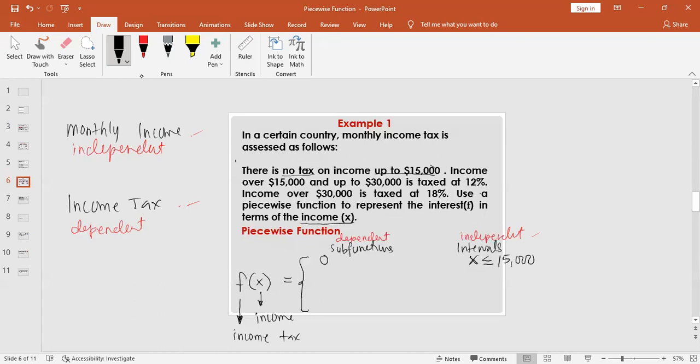So we can write that in mathematical sentence as x is less than or equal to $15,000. Okay? So, naging less than or equal to $15,000 kasi nga up to 15,000. So, hindi pwedeng lumampas pa sa 15,000. Pero pwedeng sumakto sa 15,000. That's why we have equal sign here. So, we already have the right endpoint of the first interval. But, since we are talking about income, we have to limit our interval to positive numbers only.